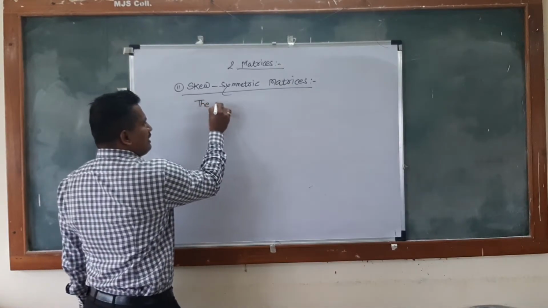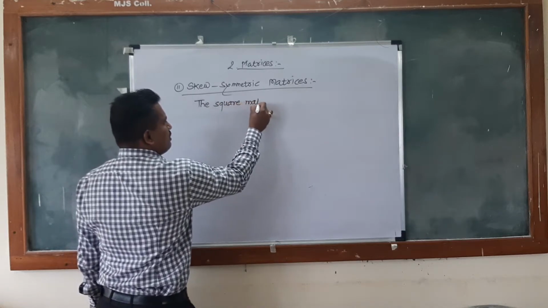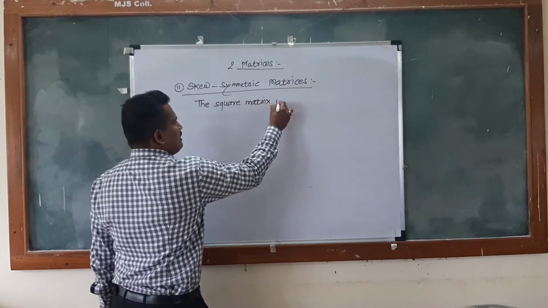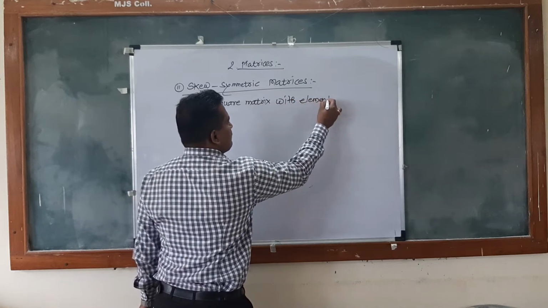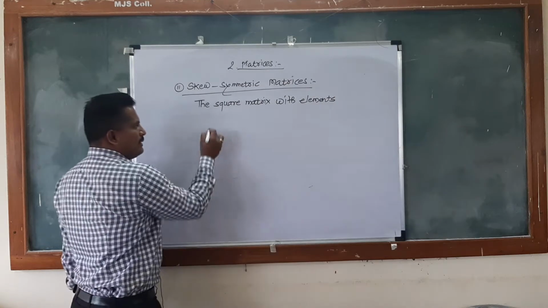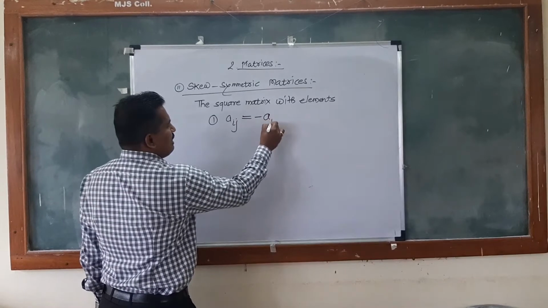The square matrix with elements, first, Aij is equal to minus Aji.